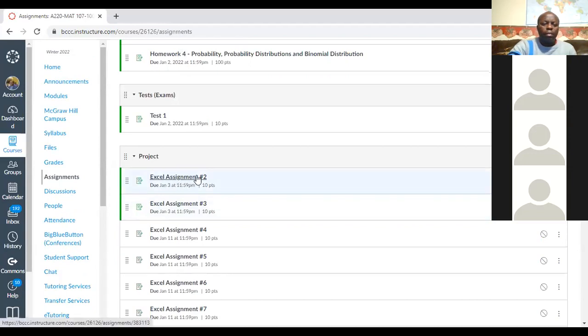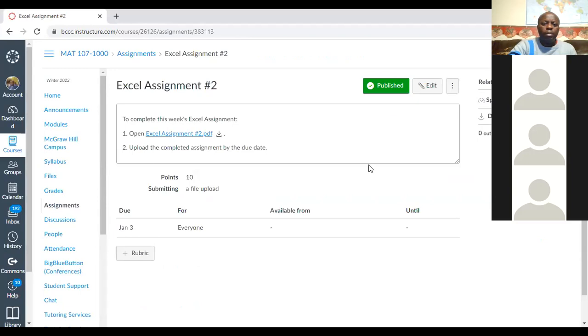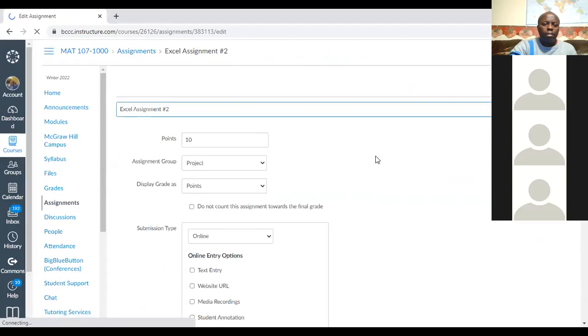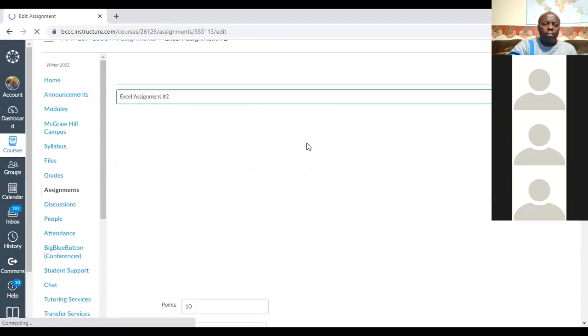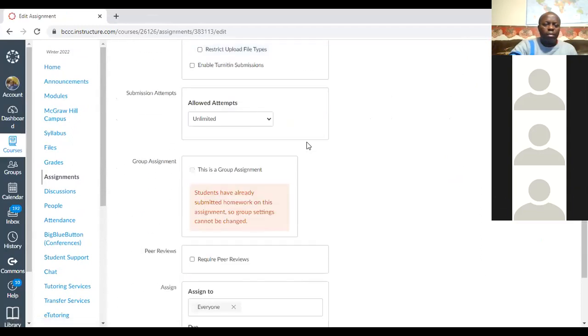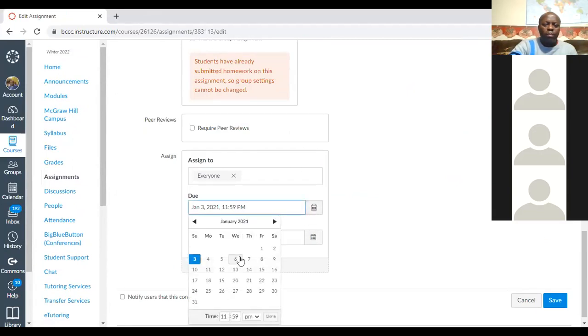All those Excel assignments are from last year. Let me fix it now. Probably that's the problem. See, January 2022. Okay, that's the problem.